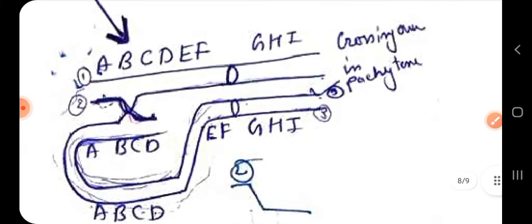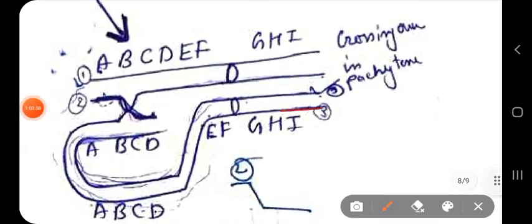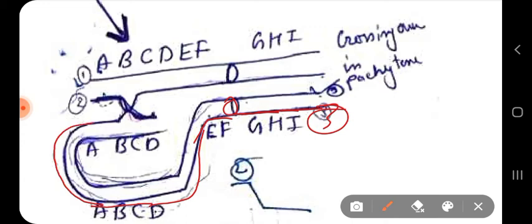See, from here, I H G, this is the third one. I H G, the first centromere, F E, D C B A, A B, crossing over has occurred, B C, D E F, again one centromere, two centromeres, G H I. So you can see two centromeres are involved and form a dicentric bridge.